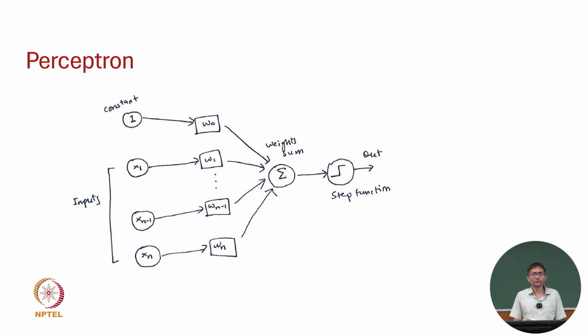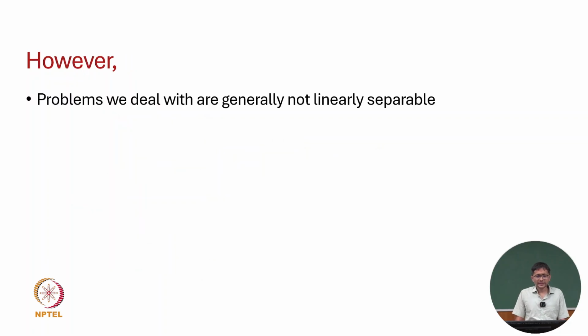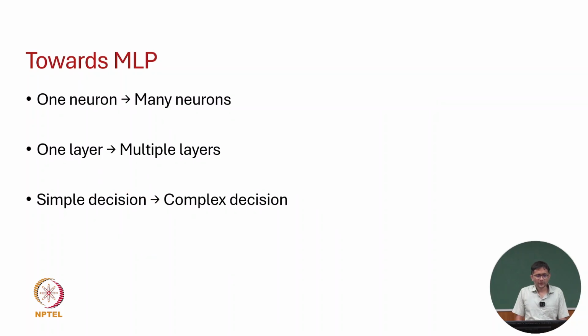The problems that we generally deal with are not linearly separable, right? We already talked about this aspect in the context of SVMs. So we can go from the simple perceptron towards the MLP.